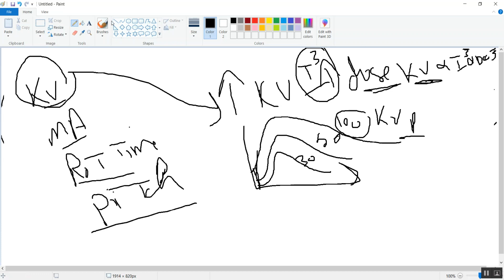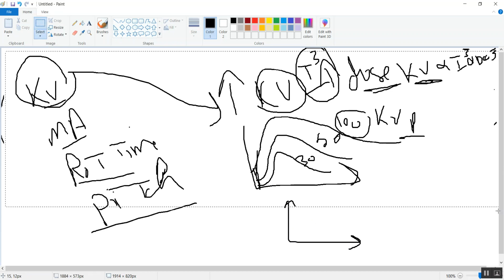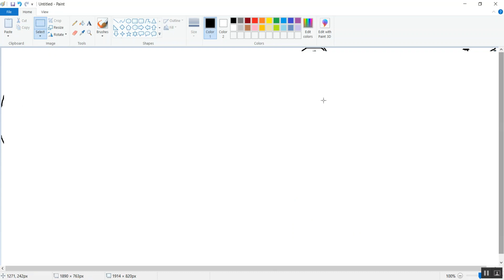So this is for kV. But what about milliampere? Before moving to milliampere, this is an important point I want to clarify.